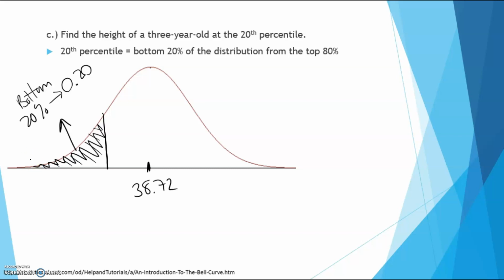Now what we're trying to find is the height of a 3-year-old girl. It's really the same thing as saying find the x value for a 3-year-old girl at the 20th percentile. So I'm trying to find this x value right here. Before I can do that, I need to work with this problem right here.